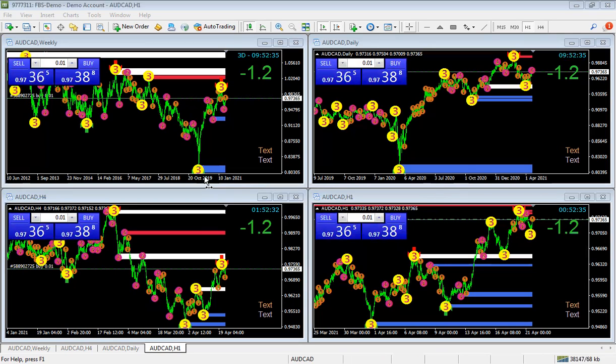At times, making your trading decision based on a single time frame is kind of hard, and it doesn't give us the detail that we need.